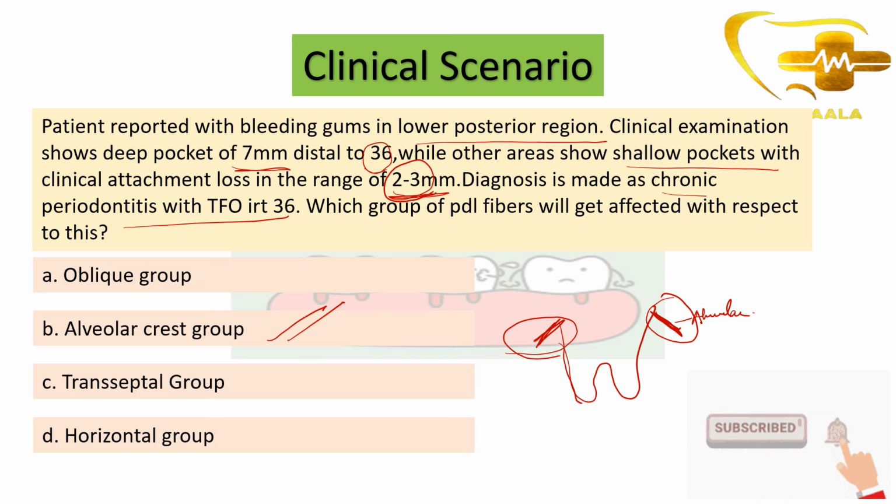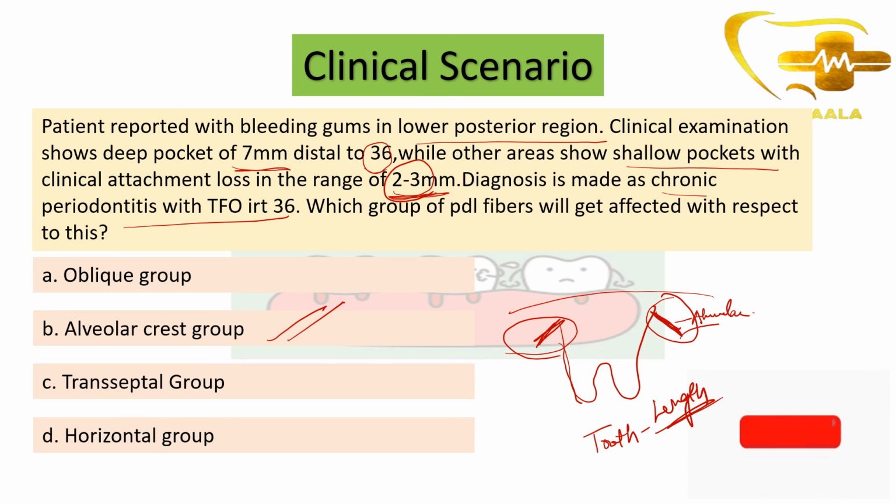Even though a deep pocket is there on the distal region, based upon the tooth length we could have calculated the fibers at loss in this affected area. But on the whole, for the entire tooth, the affected area will be the alveolar crest group of fibers. So the answer will be alveolar crest group.